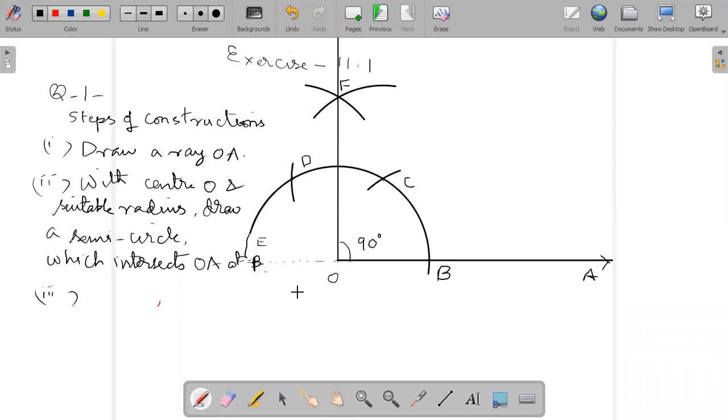OF is perpendicular to OA, so angle AOF is 90 degrees.